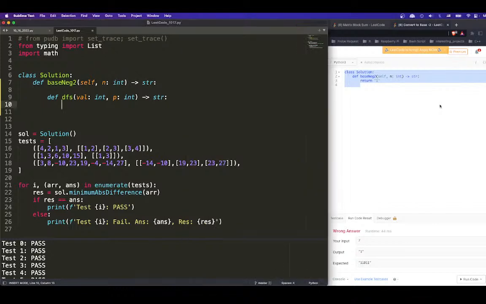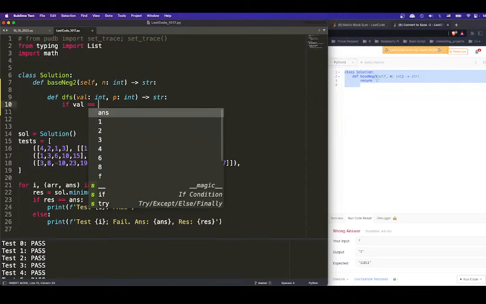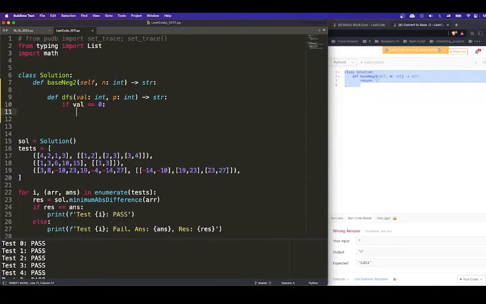If value is 0, then we shall return whatever the P. So it's going to be how many P? If P is the power, like if P is 3, so 0, 1, 2, 3, then it's P plus 1.